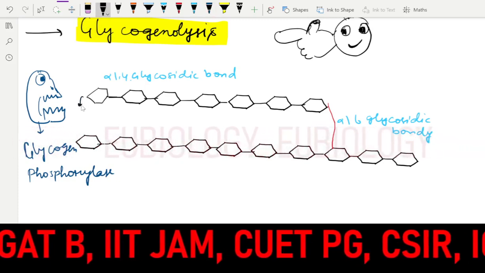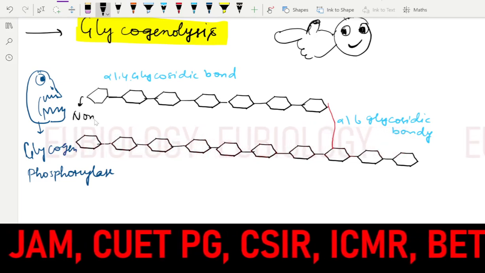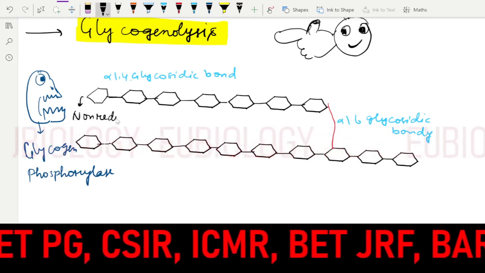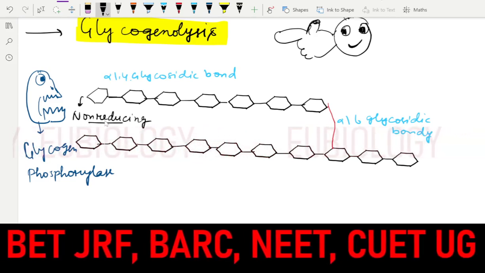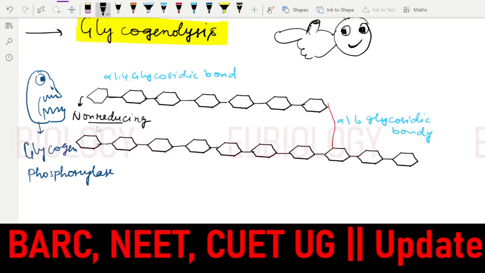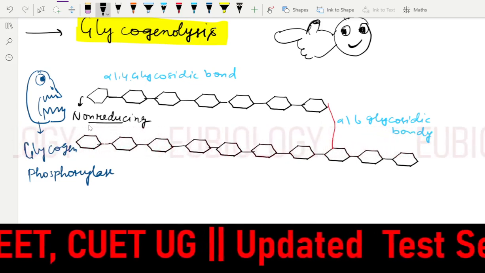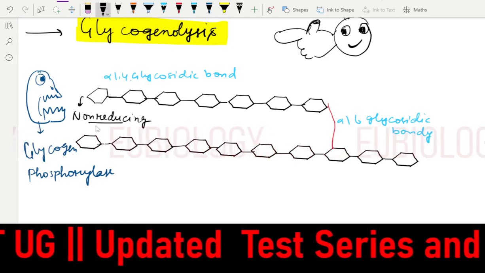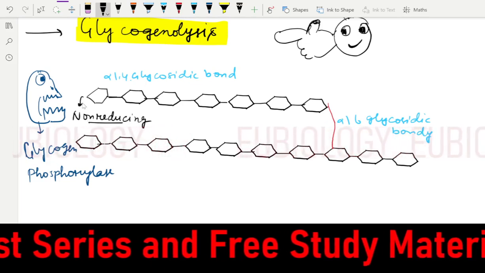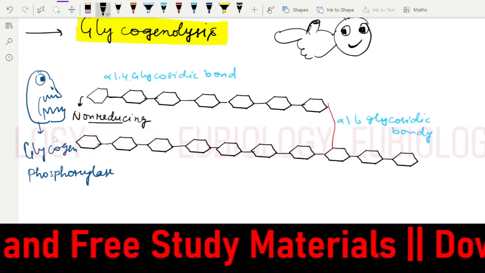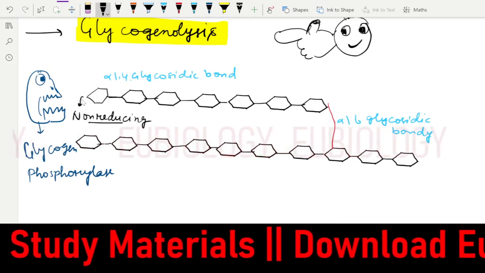What do we mean by non-reducing? Non-reducing means the free aldehyde or ketone groups are not available. So glycogen phosphorylase will cut this side.